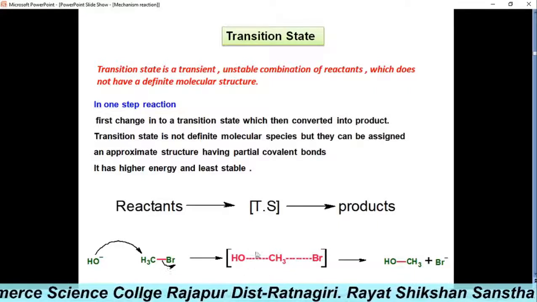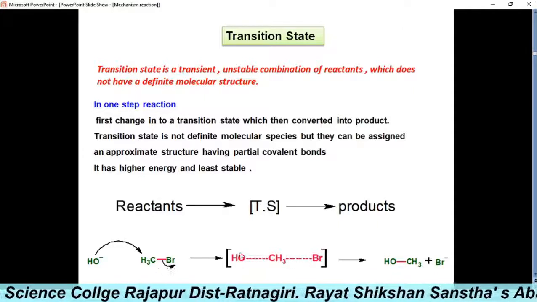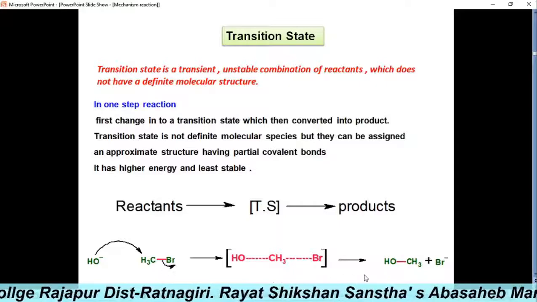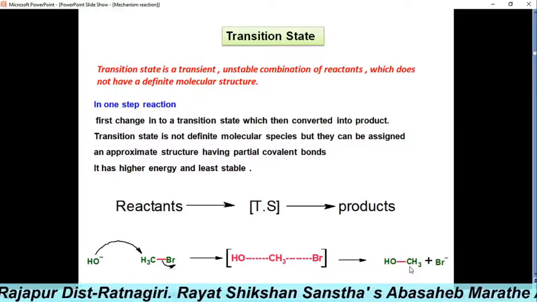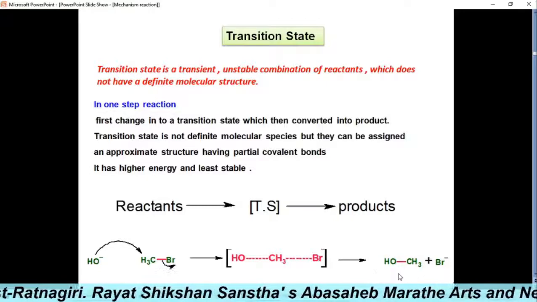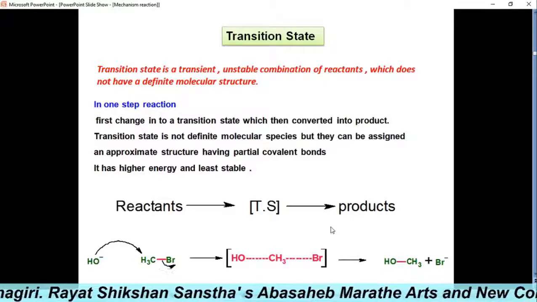So partially making and partially breaking bonds take place in this transition state. After the transition state, we get the product, an alcohol. Thank you.